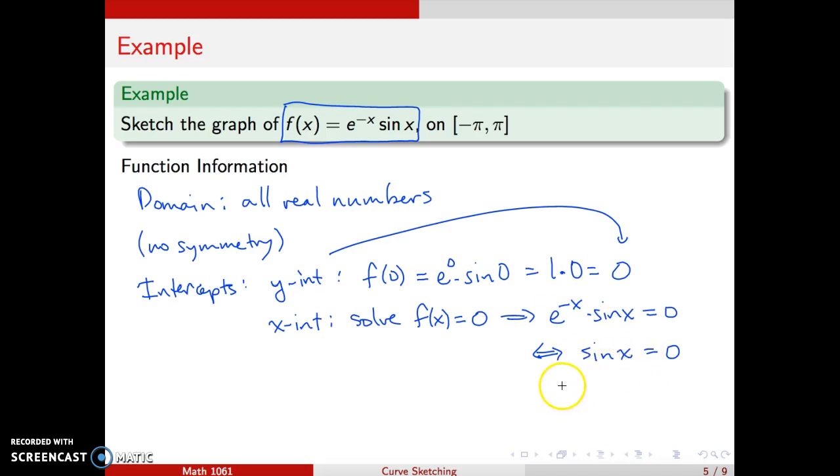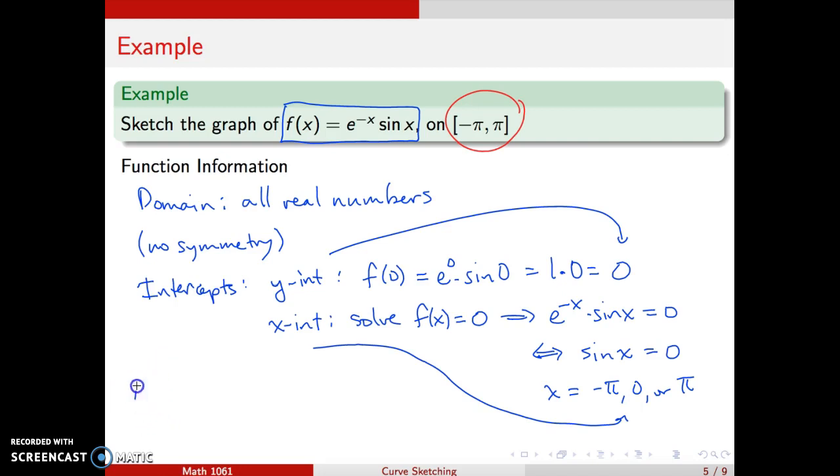And that's going to happen where x equals negative pi, 0, or pi, remember, with this restriction that we've got up here. Okay, so those are my x-intercepts, at least the x-coordinates of my x-intercepts. Anything else that we might want?